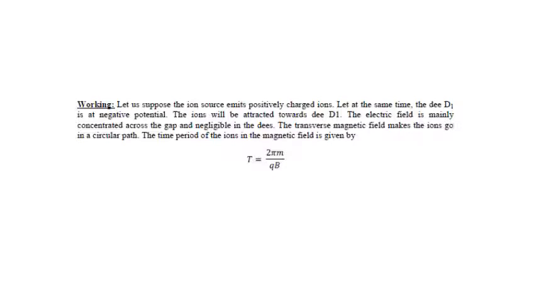And the time period of the ion in the magnetic field can be calculated as T = 2πm/qB. We have seen how the time period can be calculated in the previous lectures.